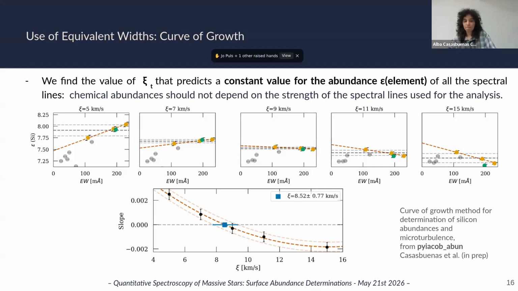But in theory, you can do it with few lines. In my case, I've done it with 4 lines. But of course, it's always going to be more robust and more reliable if you have a larger number of lines. That's what I think.